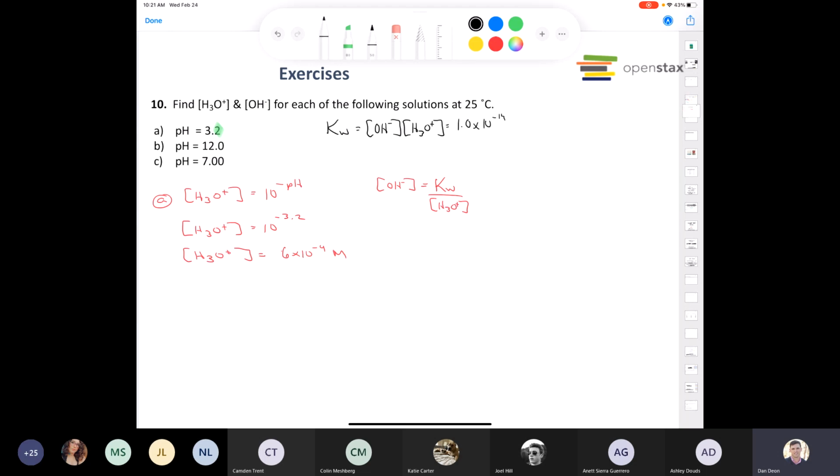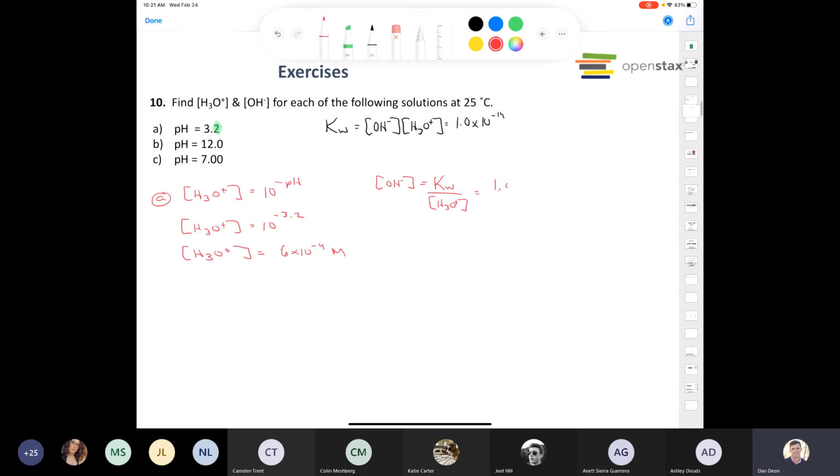That's all I used. I'm going to plug in some numbers here. I get 1.0 times 10 to the negative 14 divided by 6 times 10 to the negative 4. And I get that my concentration of hydroxide is equal to 2 times 10 to the negative 11 molar. There you have it, hot dog. We have a wiener. Perfect.